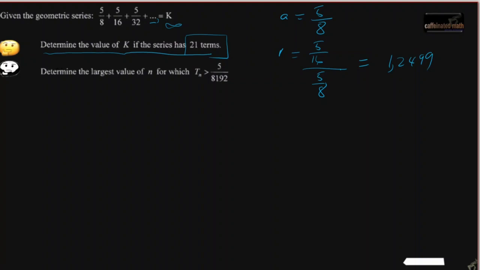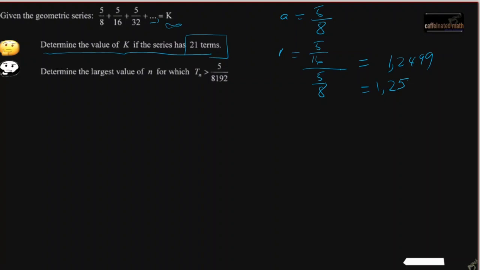0.4999 and so on, but we're allowed to round off to 2 decimal places, so that's going to be 0.5 in this case, which is good. Suits our purposes.